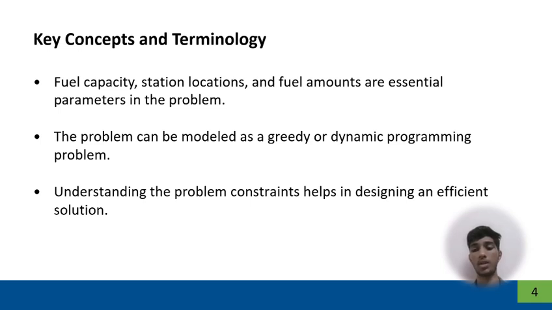The station location: distance of each station from the starting point. Station fuel amount: how much fuel is available at the station. This problem can be approached using greedy algorithms or dynamic programming, but the greedy method is more efficient. Understanding these parameters helps us design an optimal and correct solution.